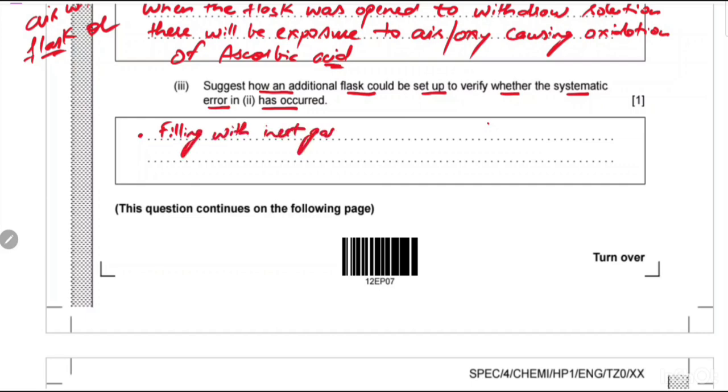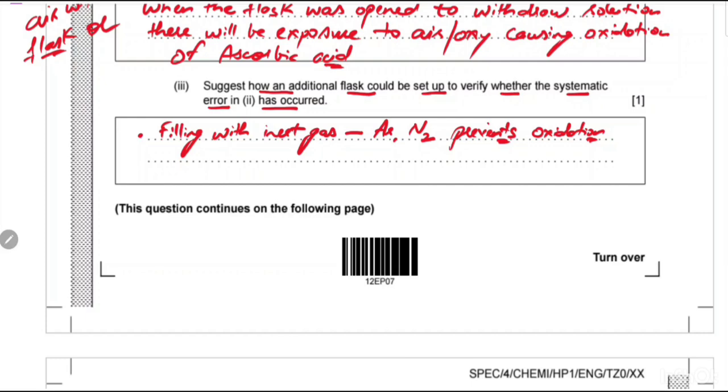Inert gas could be argon, Ar, or nitrogen, N2, which do not react with the solution or which prevent oxidation. So when we use an inert gas to fill the flask containing solution 1 for 0 hours, we can prevent the systematic error, and then we can compare with the result in 2. If there is a difference in reading, that means there is an error.